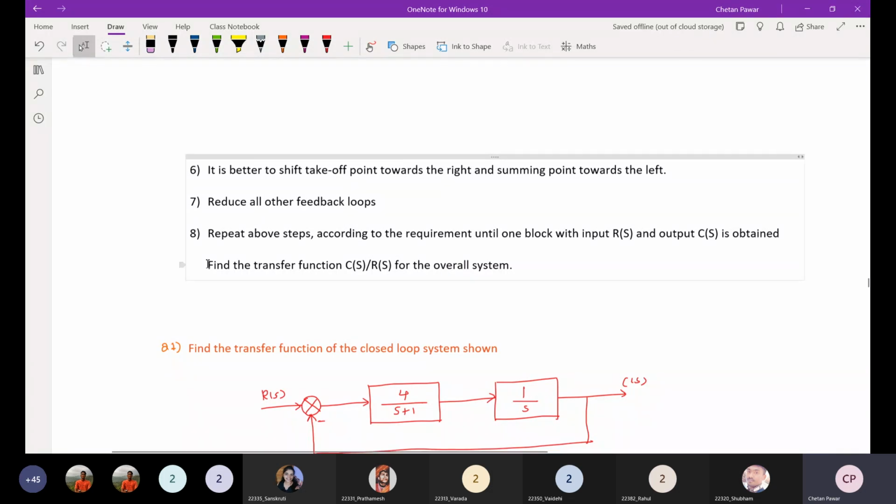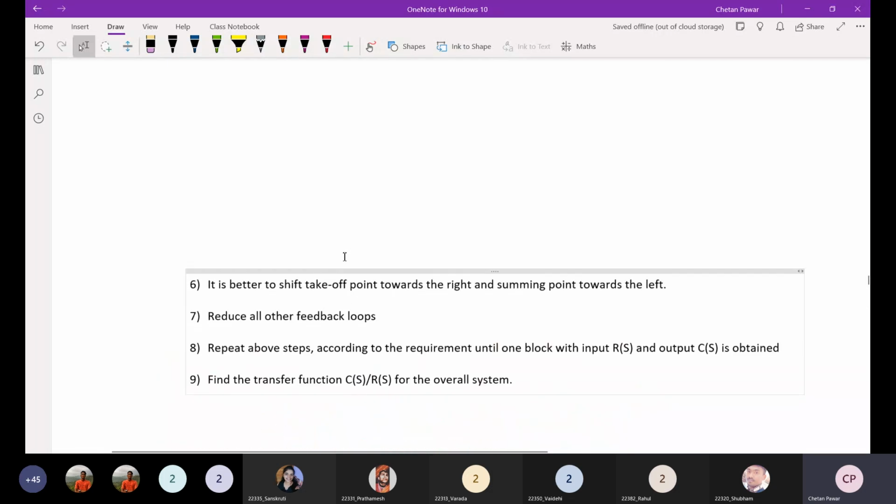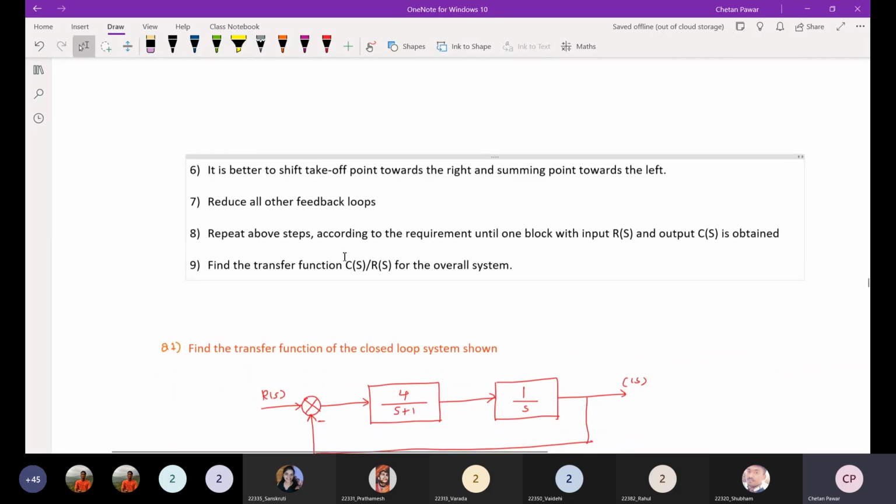Means you need to repeat this process until a single block reduction is there. Up to that point, you have to reduce the block diagram. And then finally, by using that single block, you can calculate the transfer function of the overall system.